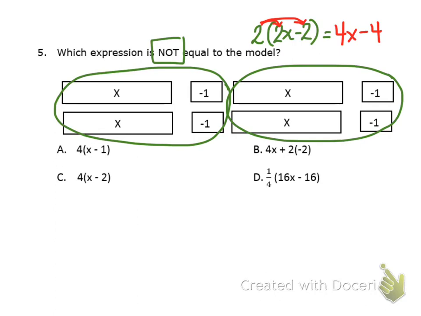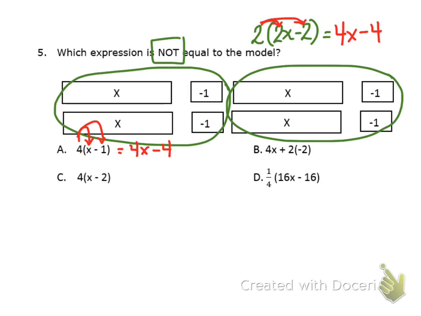I have to distribute. Remember, if we distribute to one thing inside of our parentheses, we have to distribute to the rest of what's in the parentheses in order for it to stay equal, or to be fair. So 4 times x is 4x. 4 times negative 1 is negative 4. So that is exactly what's modeled in my model up here.